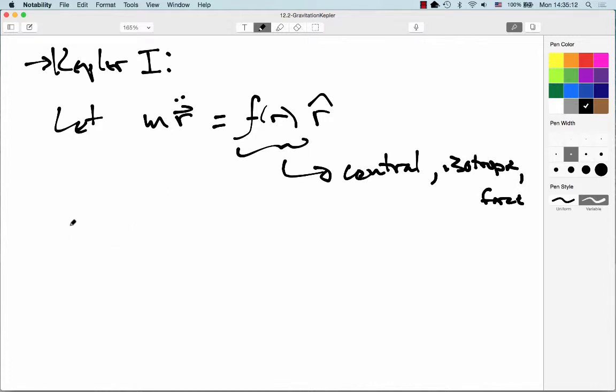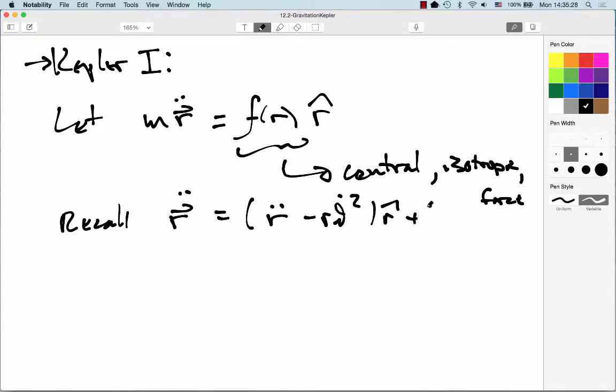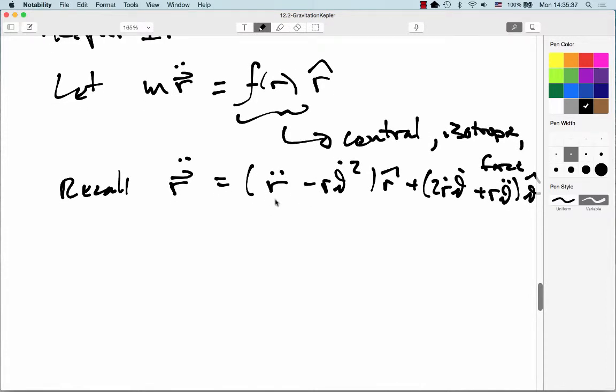All right, so we can recall from chapter 1 that r double dot, the vector, is equal to r double dot minus r theta dot squared r hat plus 2 r dot theta dot plus r theta double dot theta hat. So we'll take our Newton's second law here and equate the components.